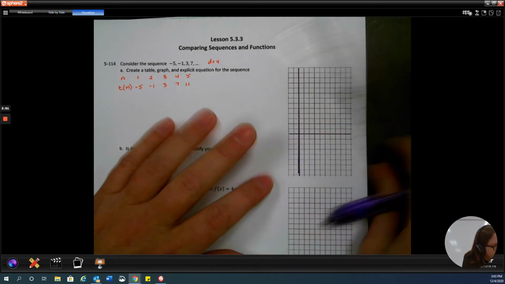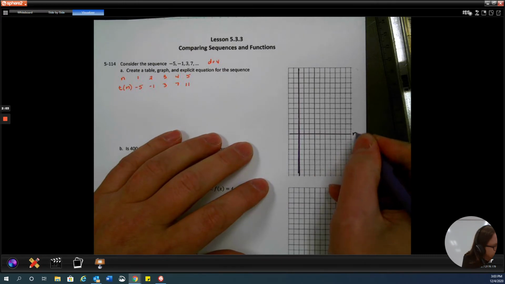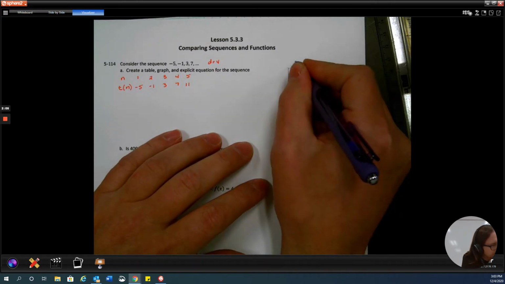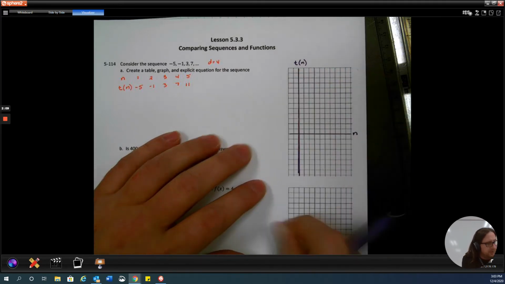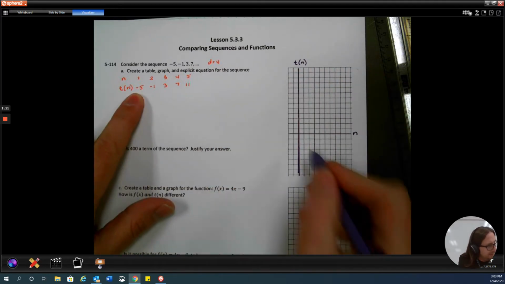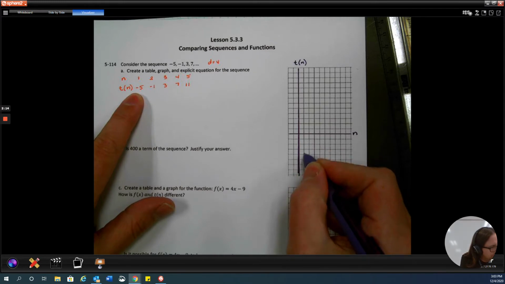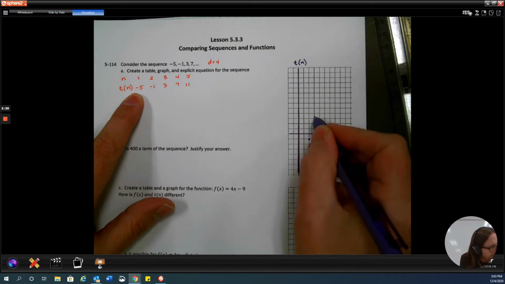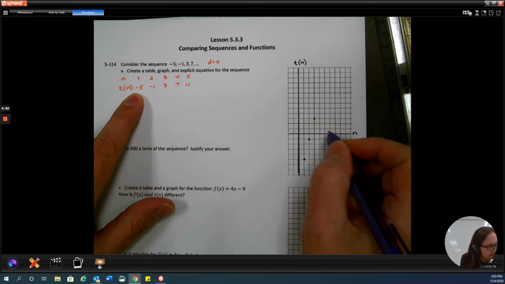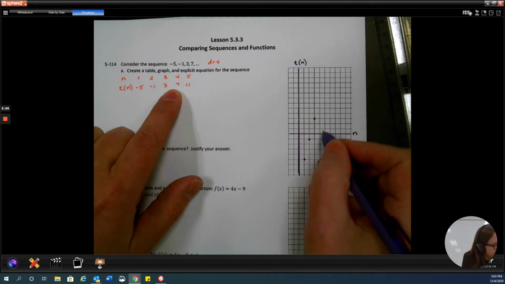So our x-axis is going to be the term number, and our y-axis is going to be the actual terms. Our first term is at -5, so 1, 2, 3, 4, 5. Our next term is at -1. Our third term is at 3. The next term after that would be at 7.